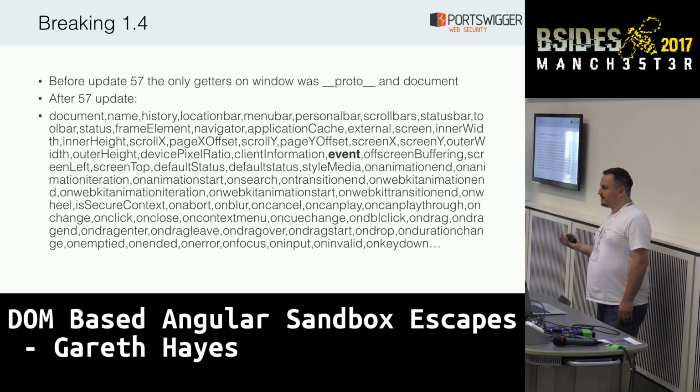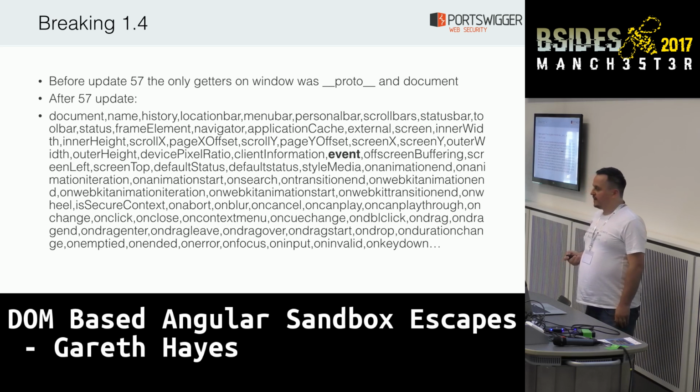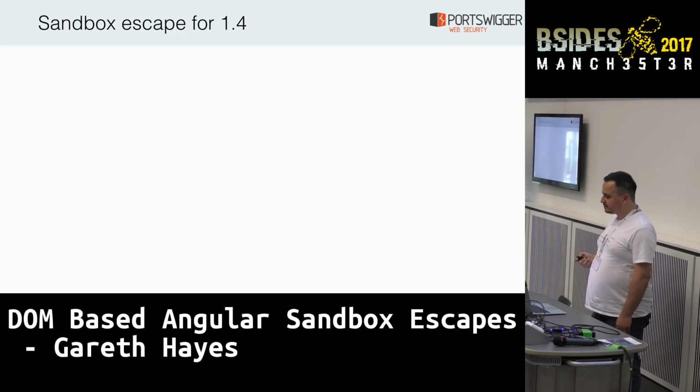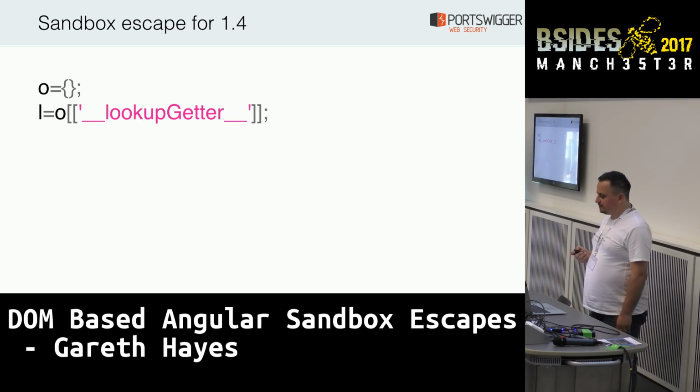So already with my Sandbox escape, I could call history.back, for example, but that's a bit lame. I could also call localStorage and get and set local storage, but again, that's still a bit lame. But what really stood out was the event object getter. Using the event object getter, I was able to break the Sandbox again. And here's a Sandbox escape for 1.4. We create an object literal.